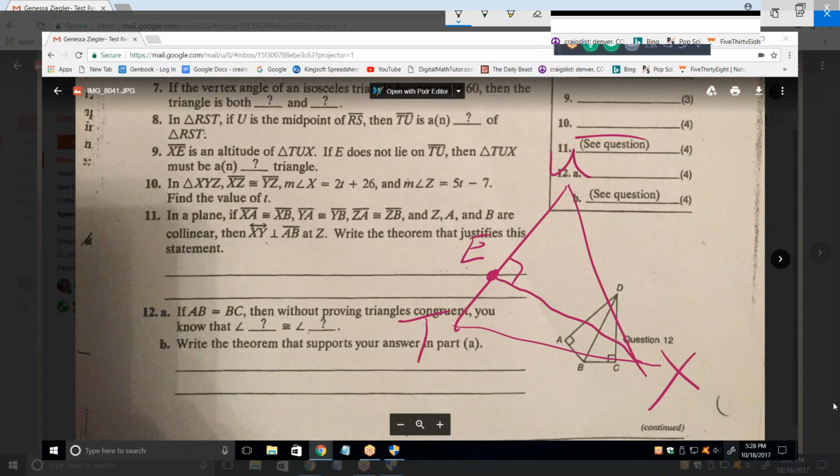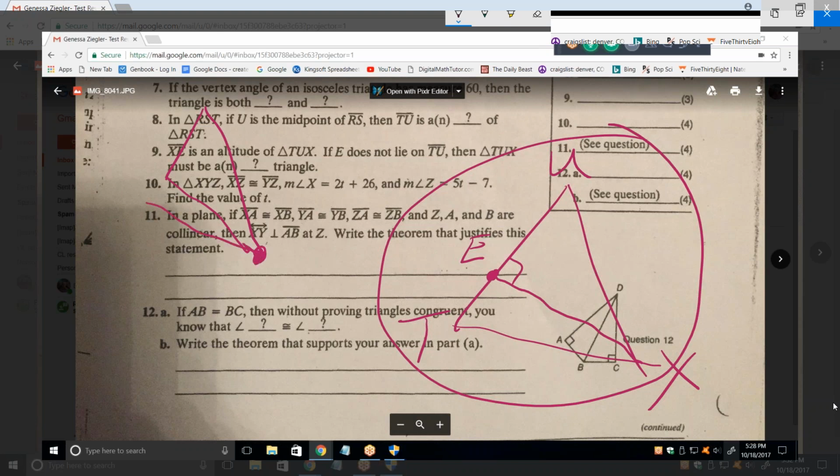In other words, the way I've drawn it, it does lie on TU, right? But if I were to draw an obtuse triangle like that, now if I do an altitude, it's right there. That's E. That's XE, and yet the triangle is TUX.